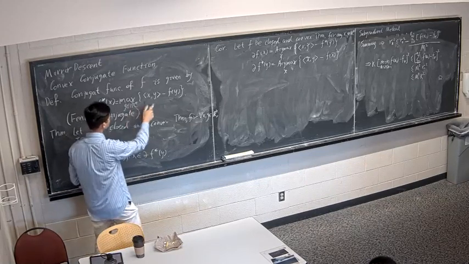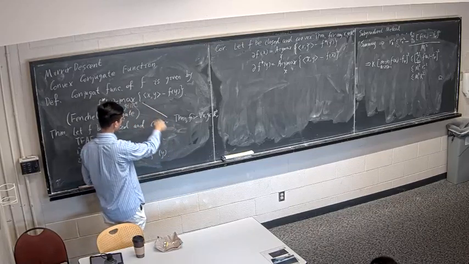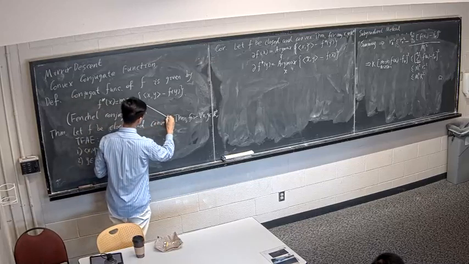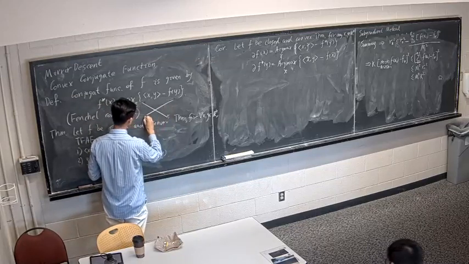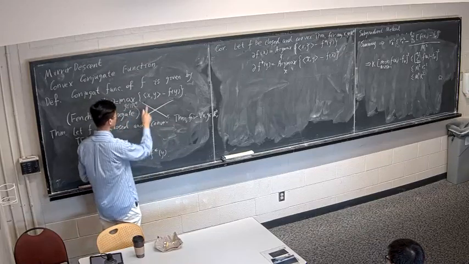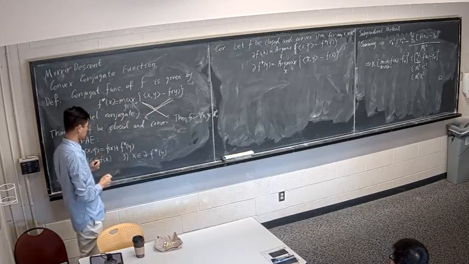For a given y, I can draw a hyperplane as a function of x. It's a linear function, right? This is one indexed with y1, this is another one indexed with y2. When I take the pointwise maximum, this is always a convex function in x.